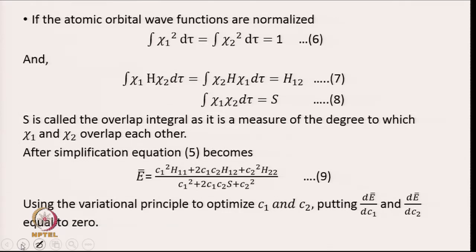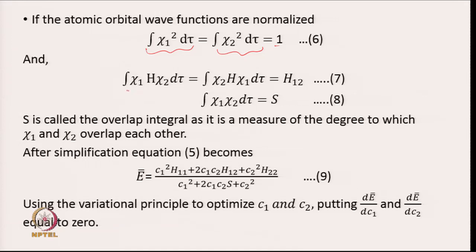If the atomic orbital wave functions are normalized, then the integral of chi1 squared d tau equals the integral of chi2 squared d tau, and that equals 1.